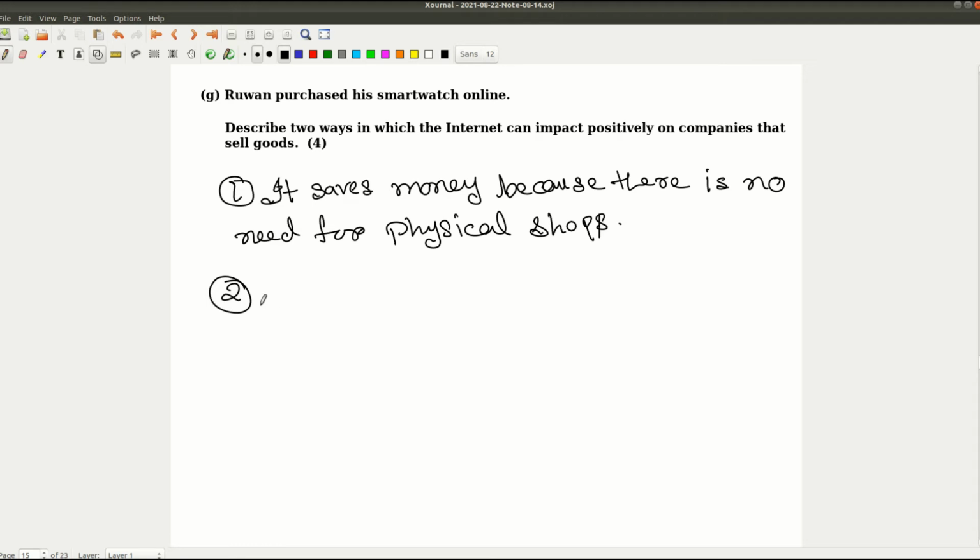The second one is the internet is available for 24 hours and can be accessed from anywhere.